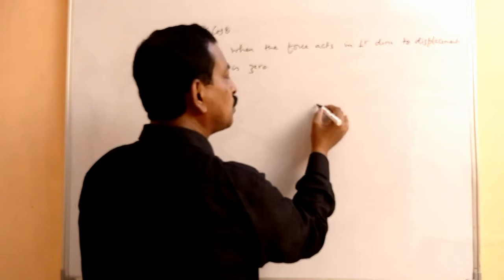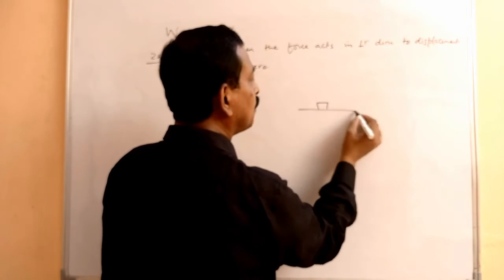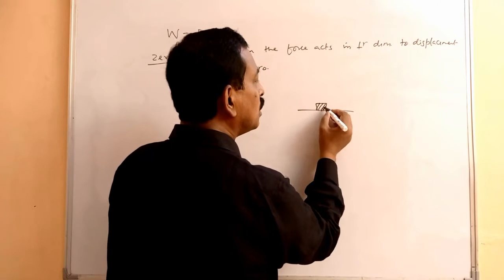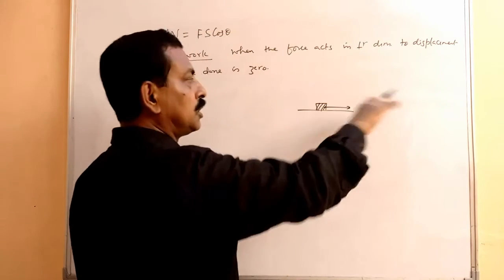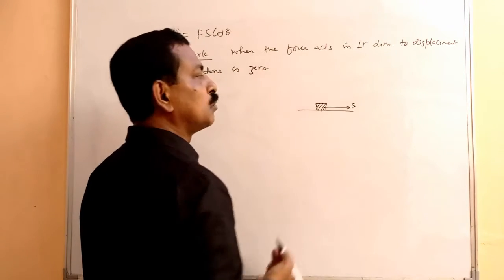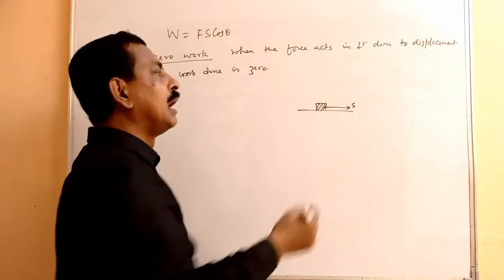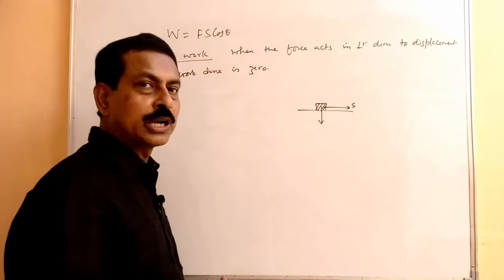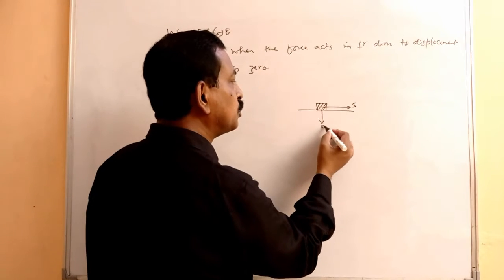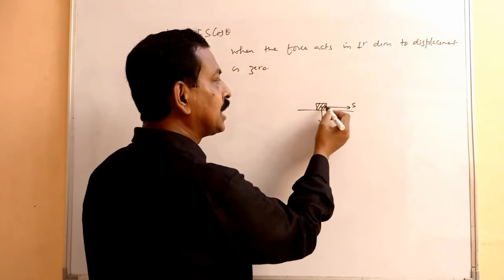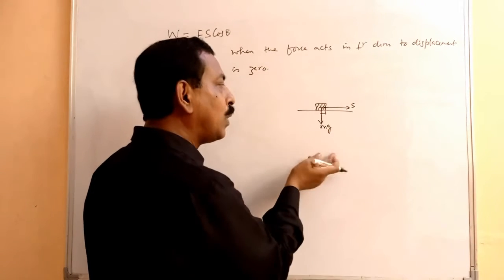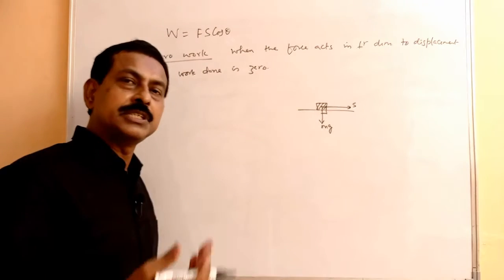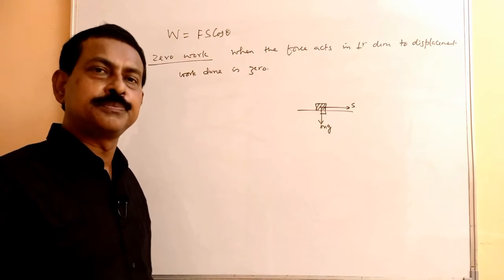Like here, suppose you have a body and we are moving the body in the horizontal direction. This is the displacement. If you consider the force due to gravity, that is its weight, acting in this perpendicular direction, the work done by gravity will be 0.